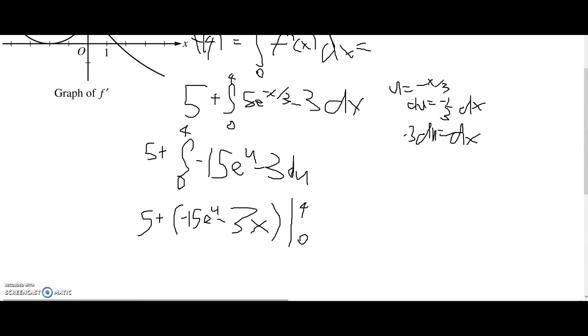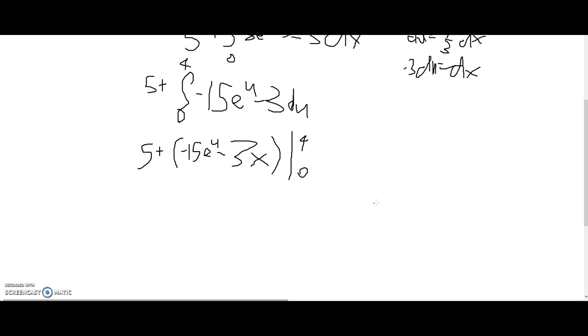So plugging in negative x over 3 for u, we get 5 plus negative 15 e to the negative x over 3 minus 3x.